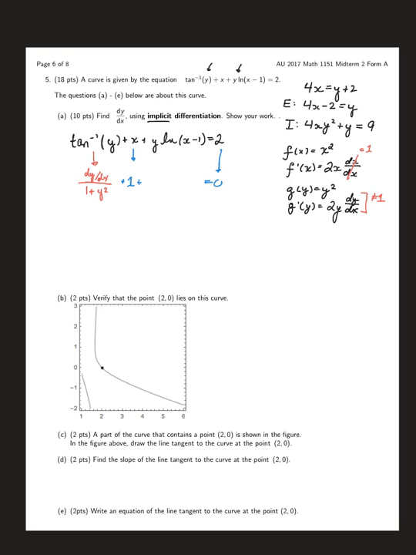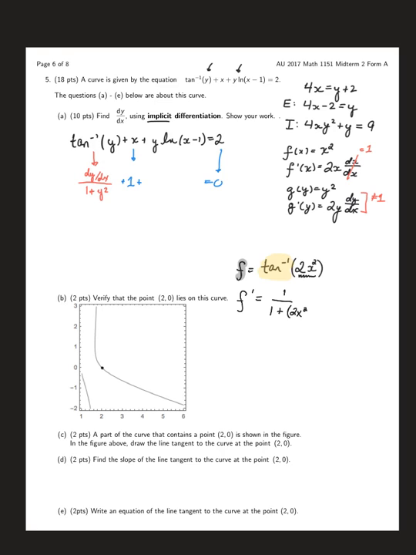It's a bit of a chain rule thing happening here. Let's say we had the derivative of tangent inverse of 2x squared. It's kind of like the chain rule. We want to first derive tangent inverse. The derivative of tangent inverse would be 1 over 1 plus this angle, whatever it may be, squared.